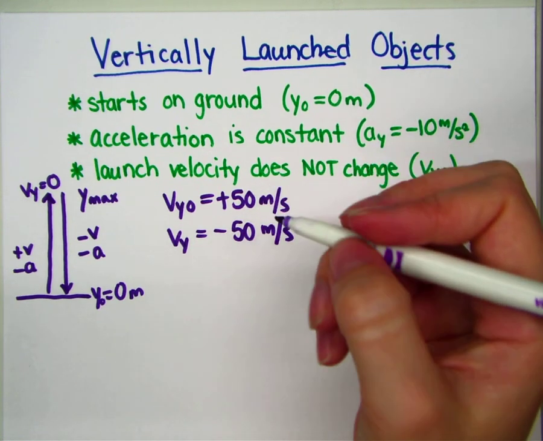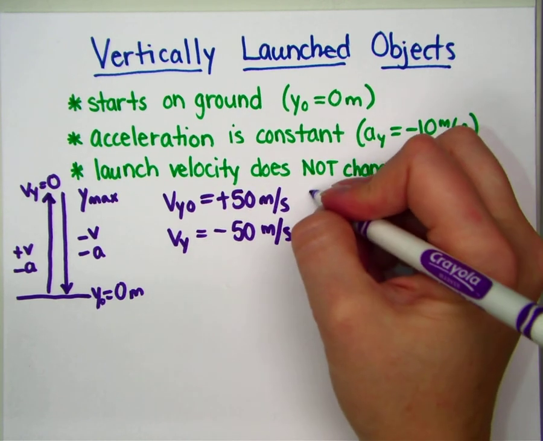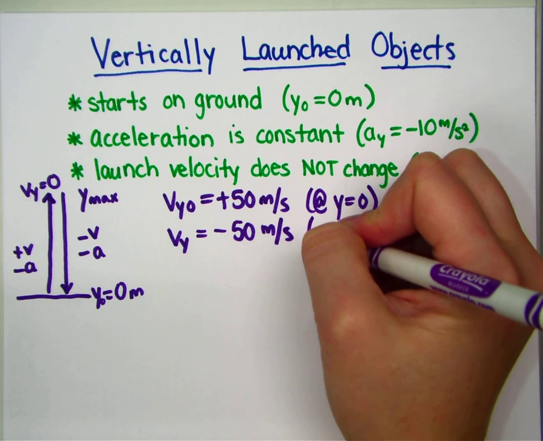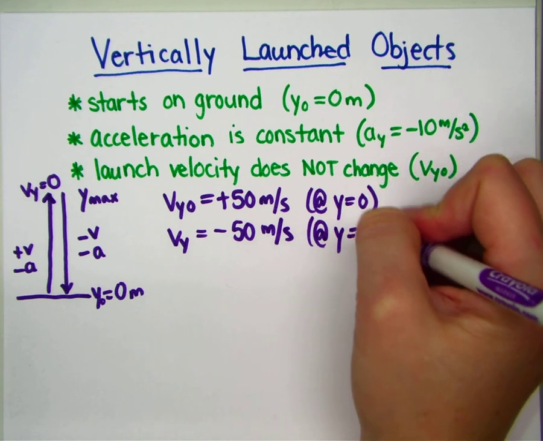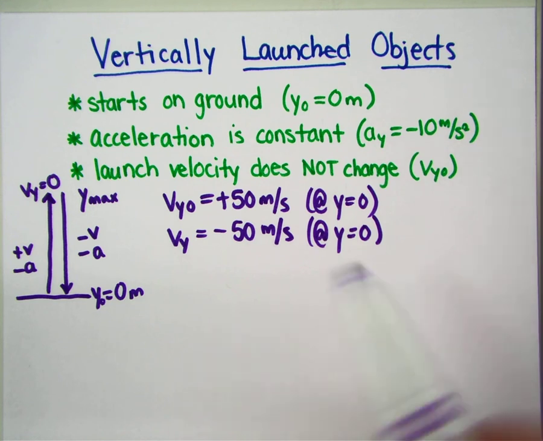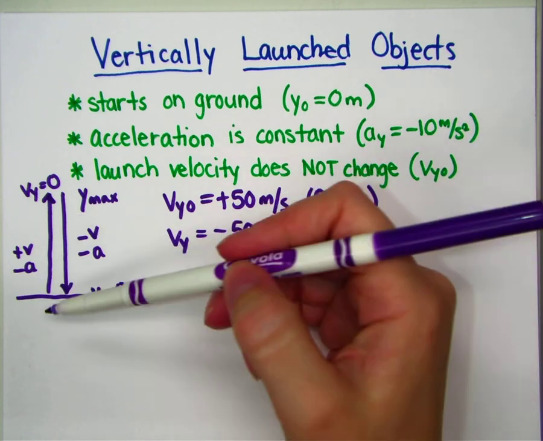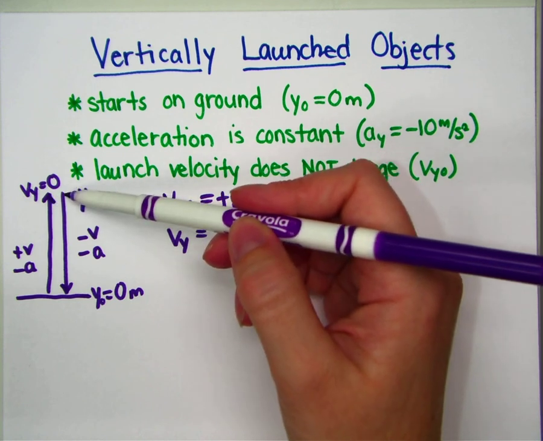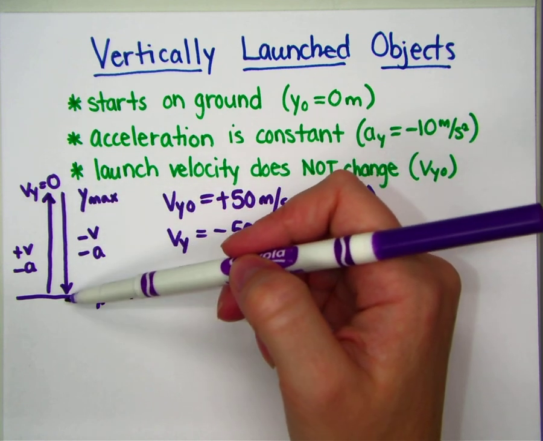All right? And that's when y equals 0. Okay, just so you remember, they're equal and opposite of each other. Always will be. Okay? The time it takes to get to the maximum height is equal to the time it takes to get all the way back down to the ground.